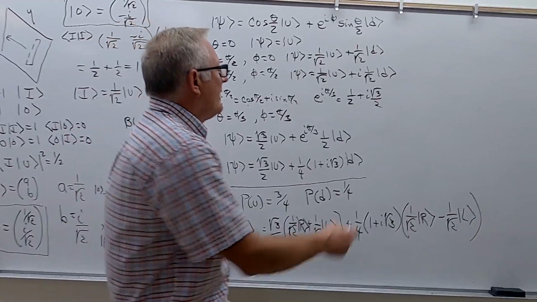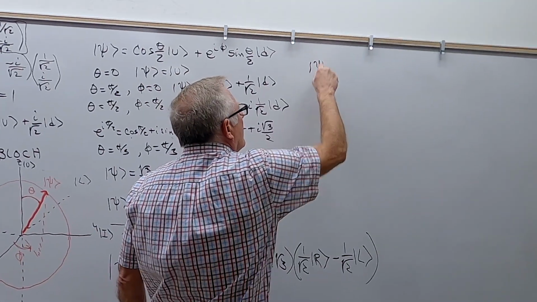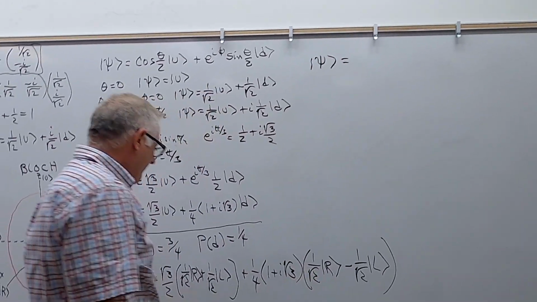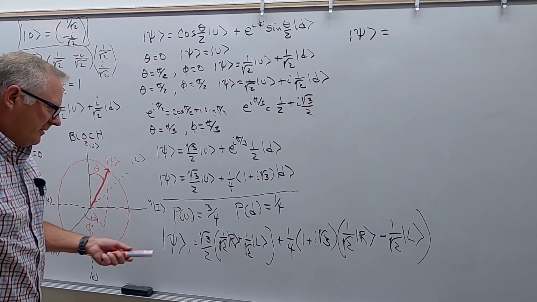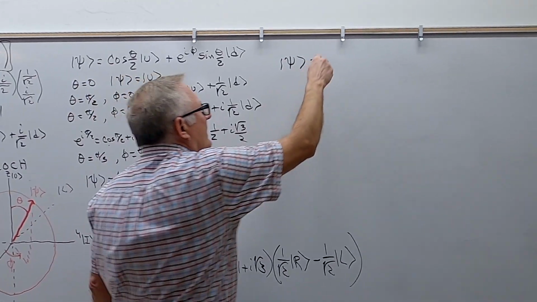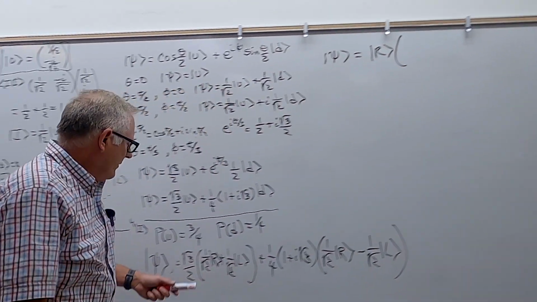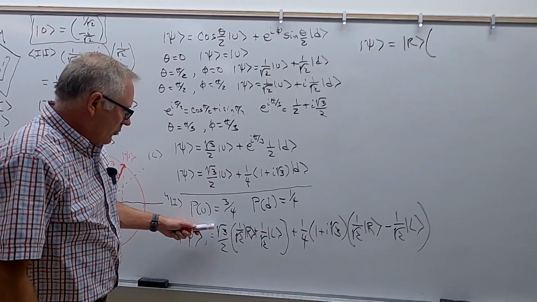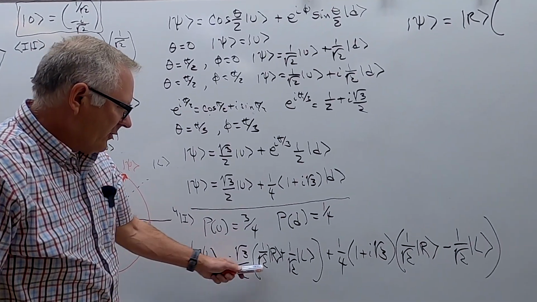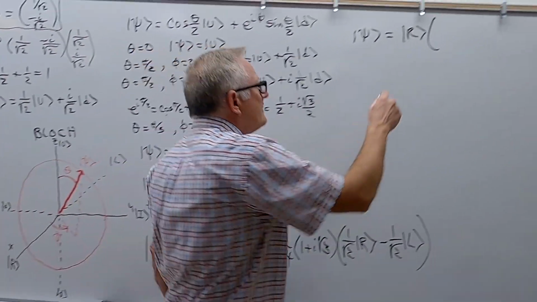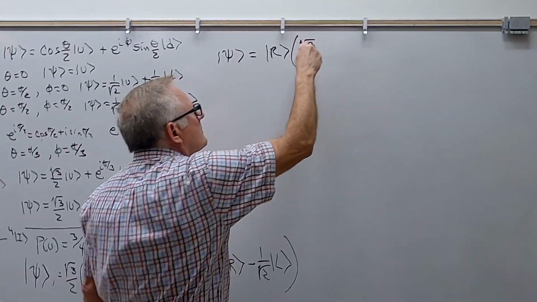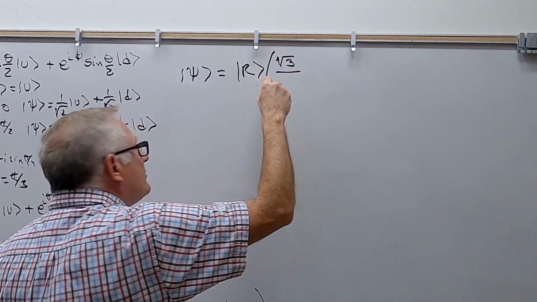Okay, so now if we pull out all the rights first, let me factor out the right. We've got the square root of 3 over 2 square root of 2 over 2 square roots of 2.